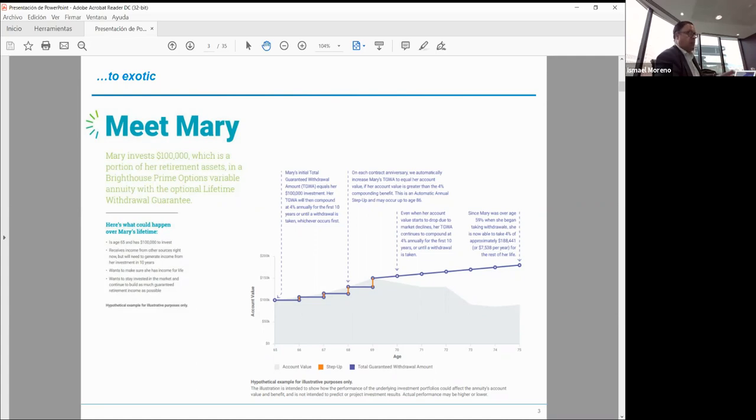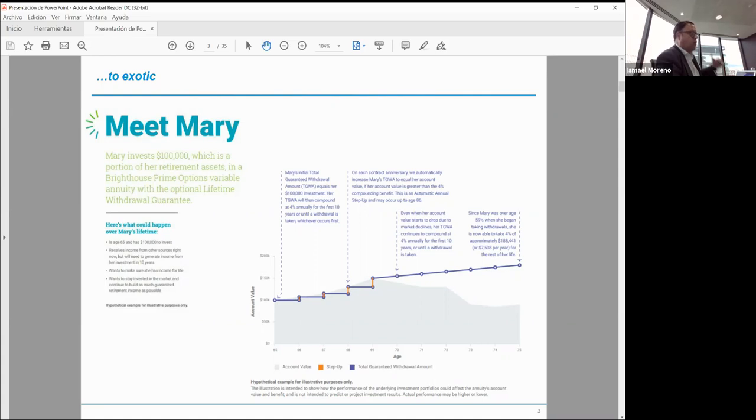Now, if the stock market goes higher, as you can see in the gray area there, then it is consolidated. So I would reset that minimum guaranteed rate to the highest of the fund value or the guarantee level every year, and then entering into a second phase.